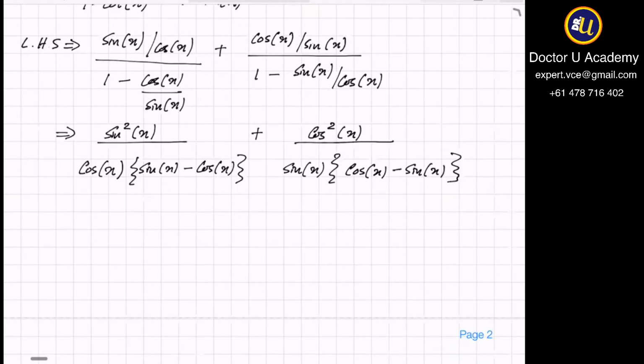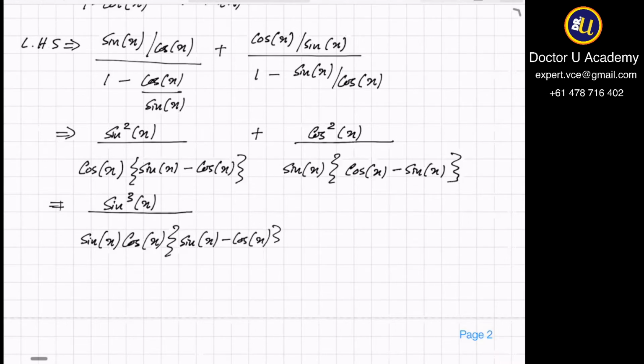So next what we can do, we can get the common denominator here. So that means you can say sine cube x here. Then I'm going to introduce sine x cos x. Here I get sine x minus cos x.